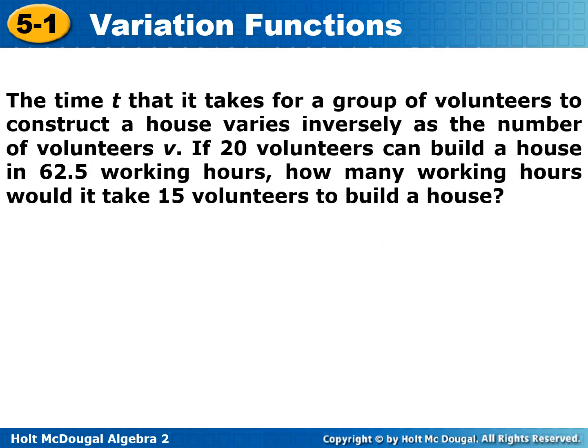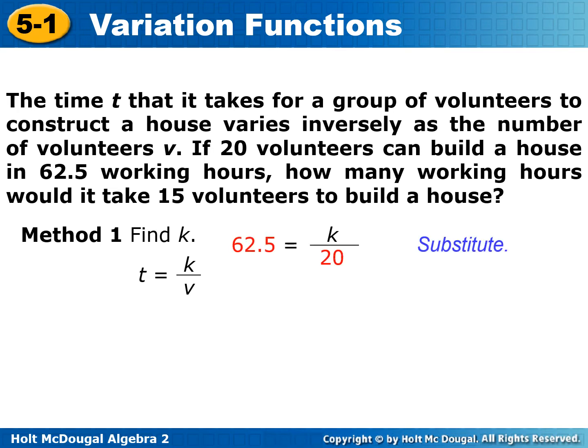Now, let us have another one. We are going to compute for the working hours it takes for 15 volunteers to build a house. So in here, we use method 1. So we are going to compute for k, then solve for t. So t equals k over v, substituting all the values, then cross multiply. k equals 1,250.